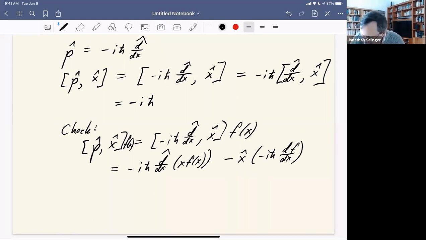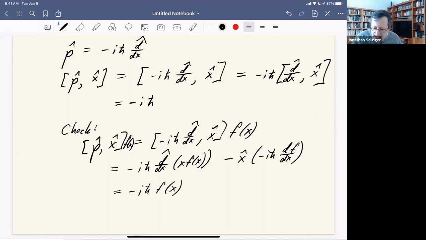And then if you use the product rule, the i h bars are just constants on everything. So it is in fact true that this is negative i h bar times f of x.